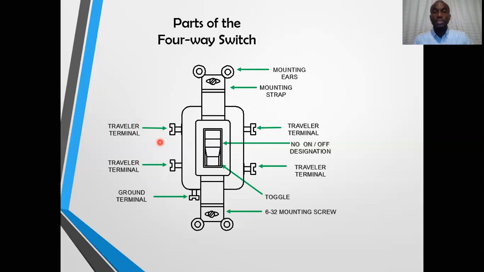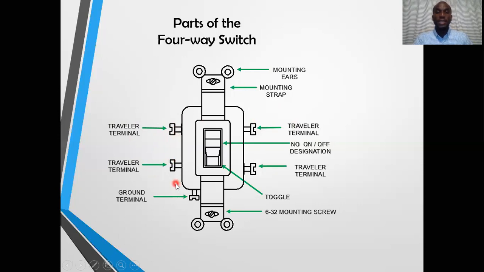Now, as you could have remembered from our discussion on double pole switches, it would be incorrect if we chose to connect these two traveler terminals on the same side together, or these two traveler terminals on the same side together.